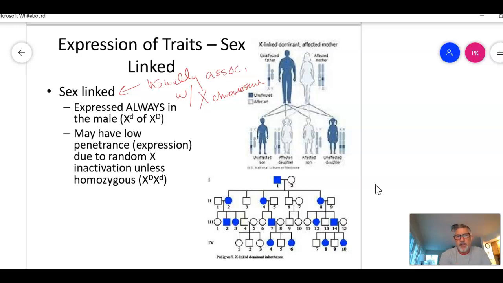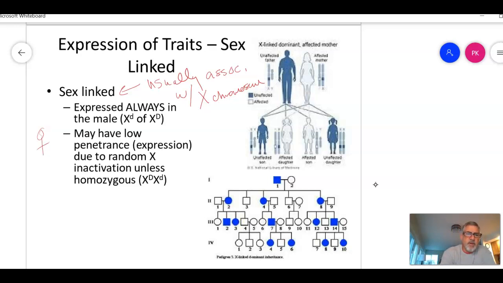And you'll have an X, and then you'll have a D, and this D is for Duchenne's muscular dystrophy. So it may have, or it does have, low penetrance in females, even if it's dominant, based on random X activation.